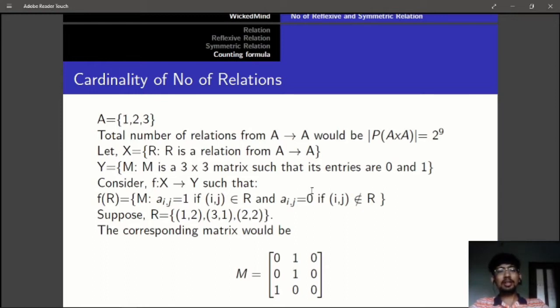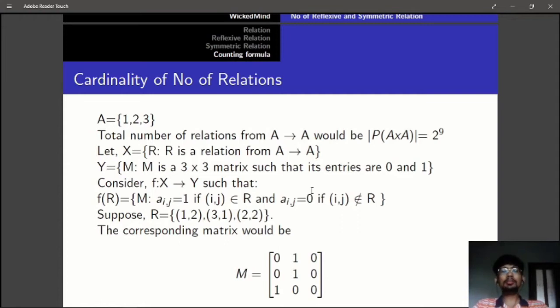Next, I've taken another set Y, which is nothing but a matrix of order n cross n. Here I have taken the order of A equals 3, because I have already mentioned that A equals {1, 2, 3}. Then I have taken a 3 cross 3 square matrix, such that its entries are 0 and 1.